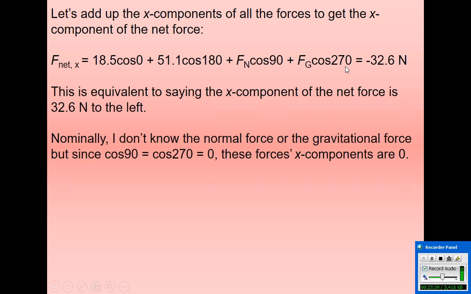I can plug these numbers in on my calculator, and it turns out that the x component of the net force is negative 32.6 newtons.